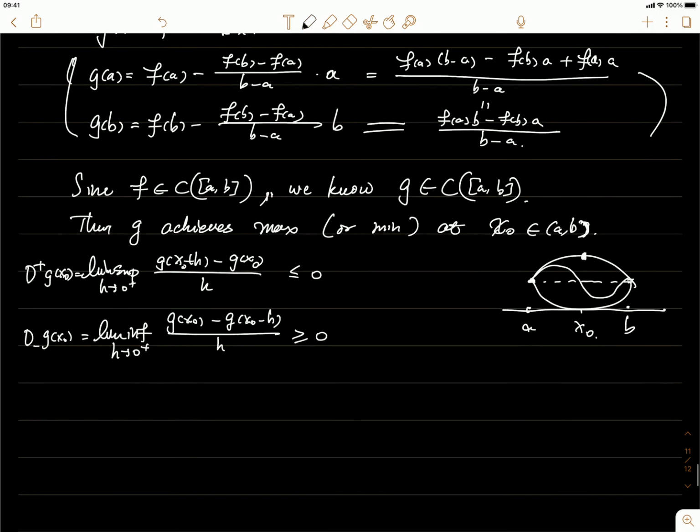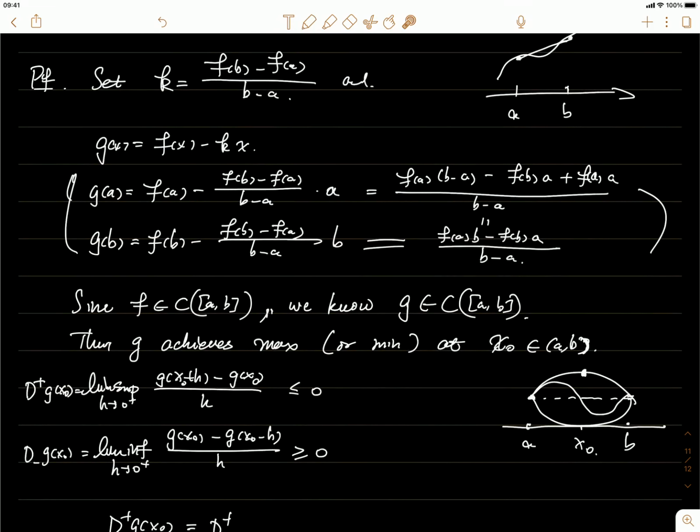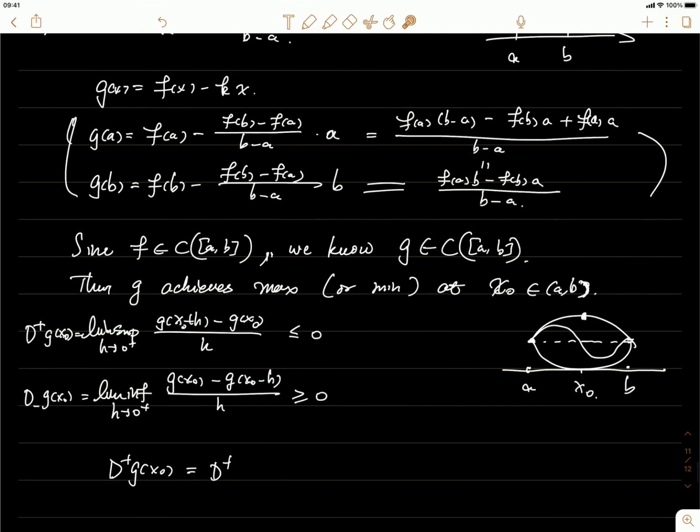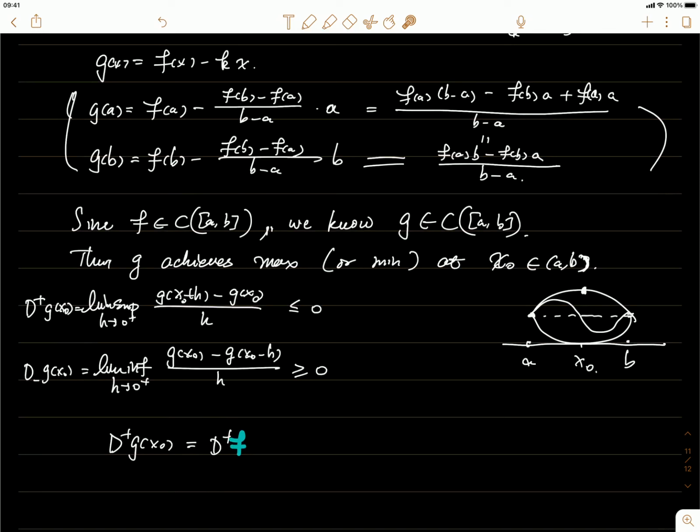And now we show that D plus g x0 is just D plus f minus k, because g is defined as f minus k x, and this is differentiable, so it's always fine. The Dini derivative is just equal to the derivative of this term itself, which is equal to k. So D plus f minus k is less than or equal to 0.